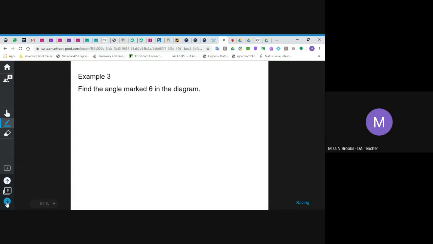Right, so final example, we have to think about our parallel lines here. So we have an angle up here. We know that if we were to draw a parallel line coming up, parallel to the x-axis going through the base of that point, we can work out what this angle here is using our m equals tan theta.